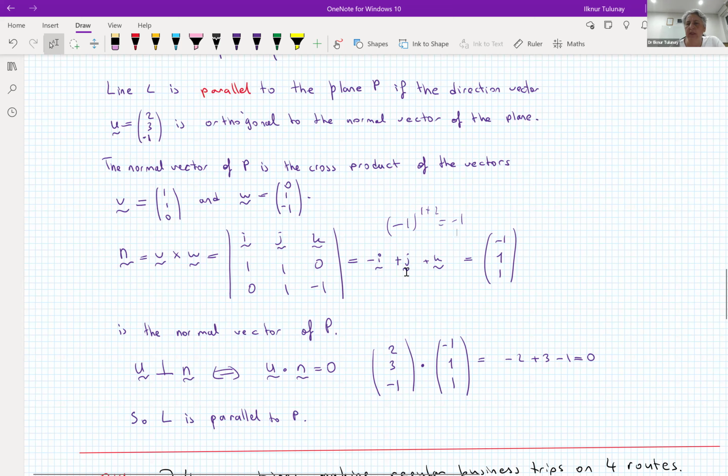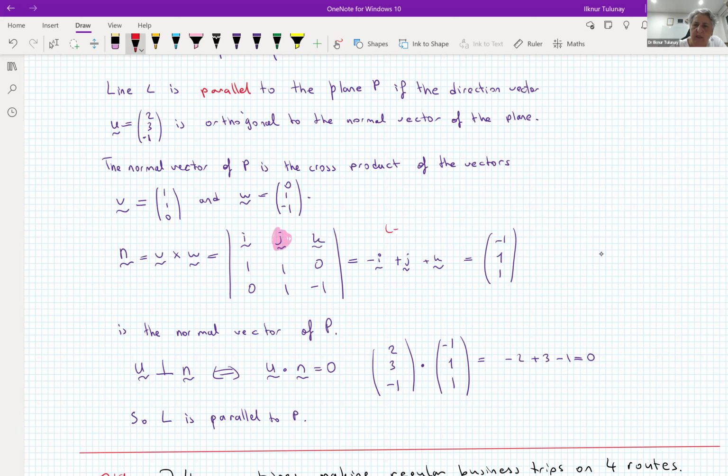This is why I have a plus j here, because the j position is in the negative. This is a very common place where people get confused. Please be careful, especially with the j position. Remember, for the j position you need to have minus 1 and multiply by that.